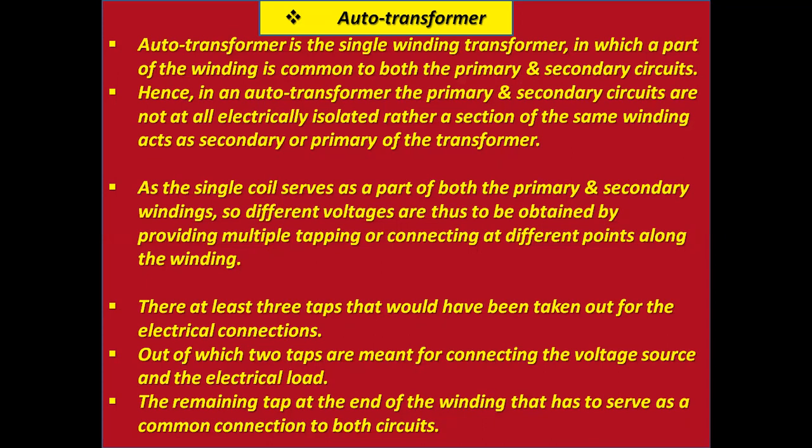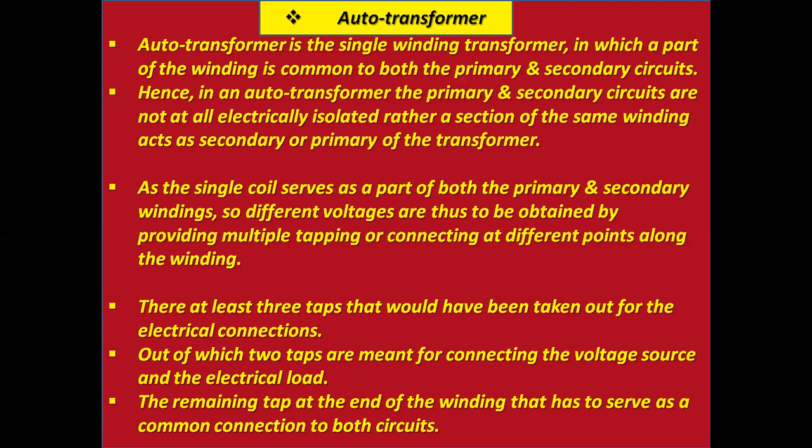As the single coil serves as a part of both the primary and secondary windings, different voltages are obtained by providing multiple tappings or connections at different points along the winding.